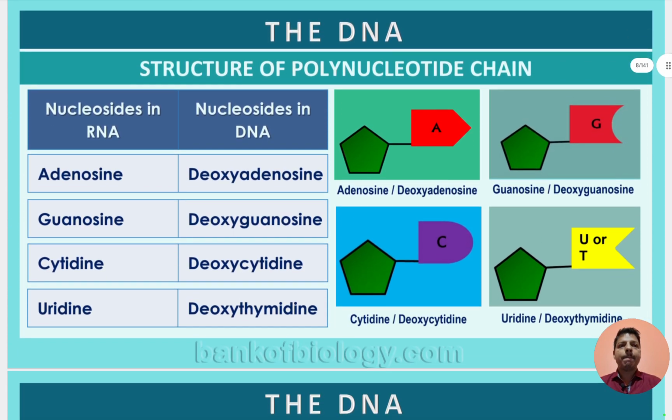Then nucleosides in RNA are adenosine, guanosine, cytidine, uridine, and nucleosides in DNA are deoxyadenosine, deoxyguanosine, deoxycytidine and deoxythymidine. Here the structures are there: adenosine, deoxyadenosine, guanosine, deoxyguanosine, cytidine, deoxycytidine and uridine or deoxythymidine.